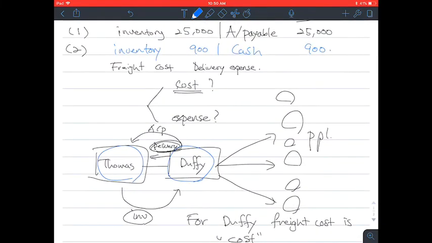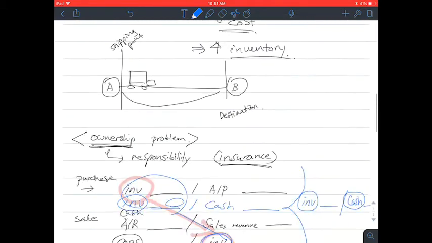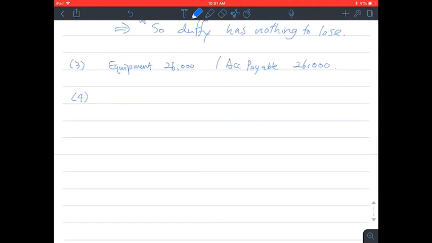Number four, it says on April 8, returned damaged merchandise to Thomas and was granted $2,600 credit for returned merchandise. So what it's saying is that Duffy has returned some products. Then what would happen?